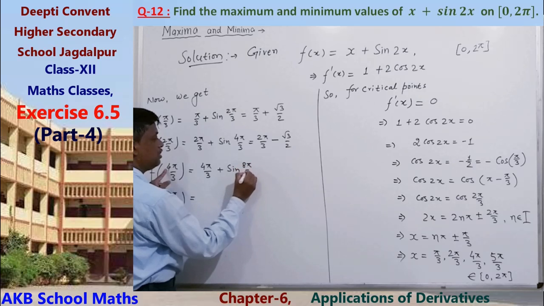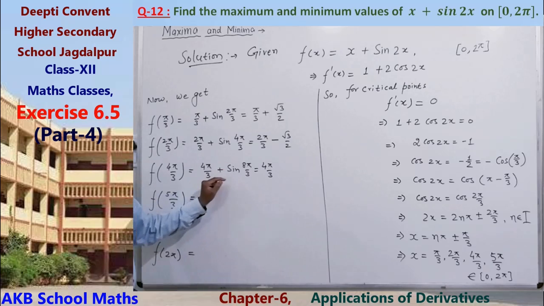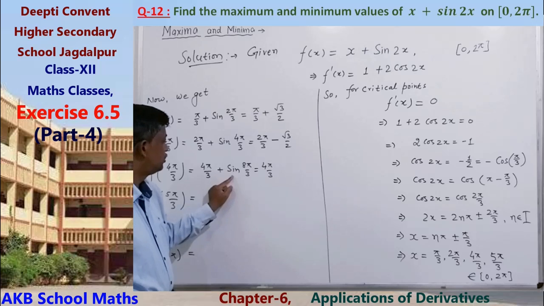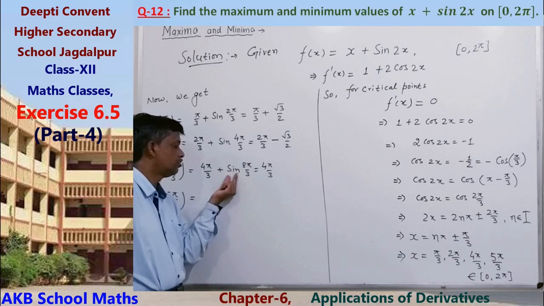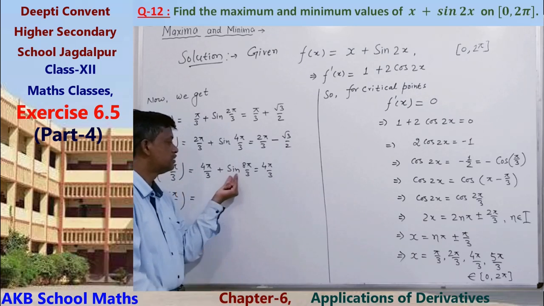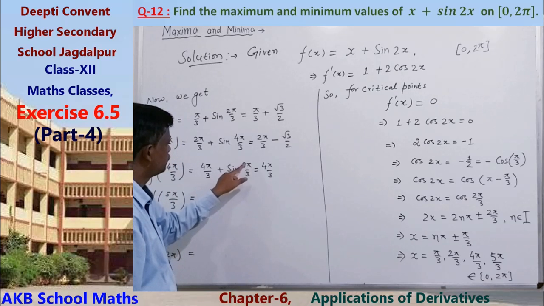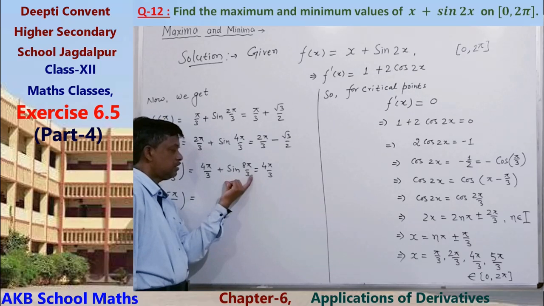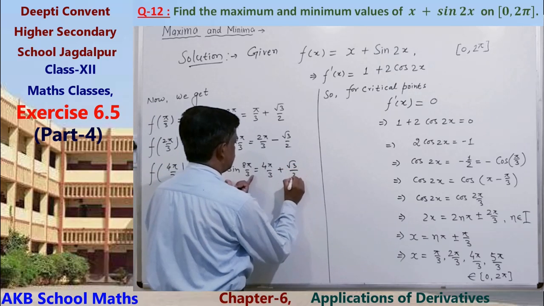Here f of 4 pi by 3 is 4 pi by 3 plus sine of 8 pi by 3, and 8 pi by 3 means 3 pi minus pi by 3, so that gives plus root 3 by 2.